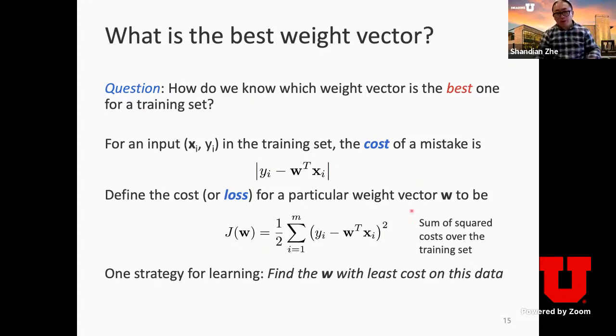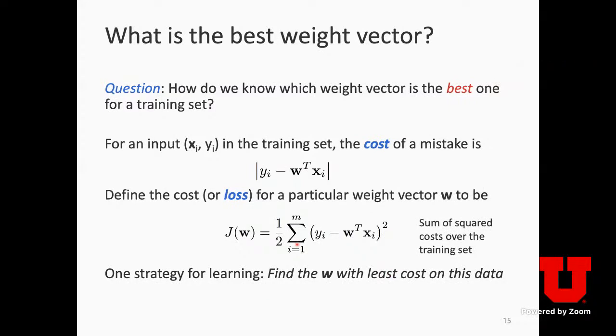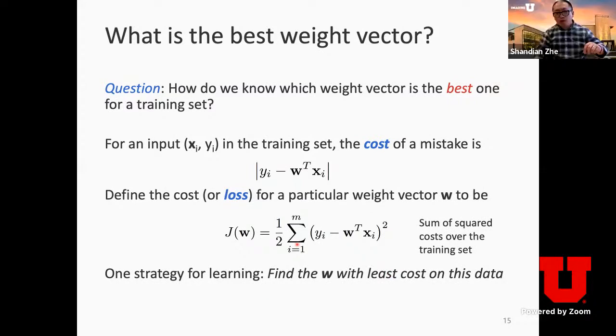Our strategy for learning is to find the W with the least cost on this data. In many machine learning models, people always ask what the loss function is. They define the loss function or the cost function with the same kind of logic, but they might choose other definitions of cost. But here we choose this widely used square error as a cost.